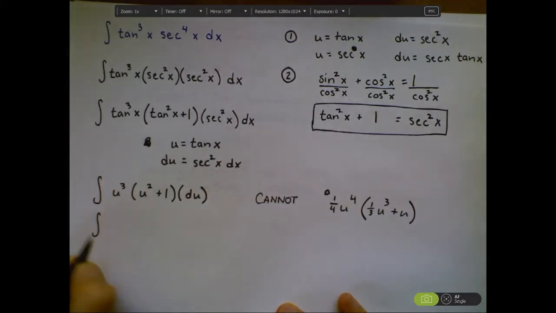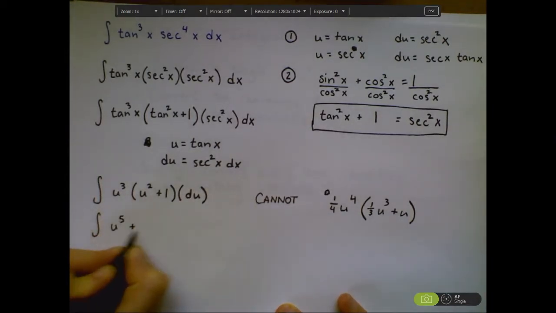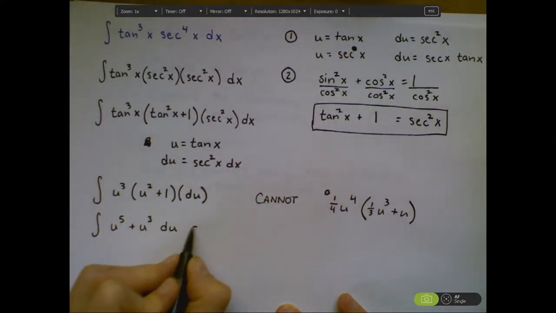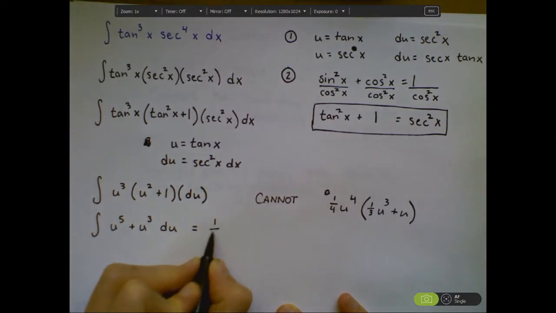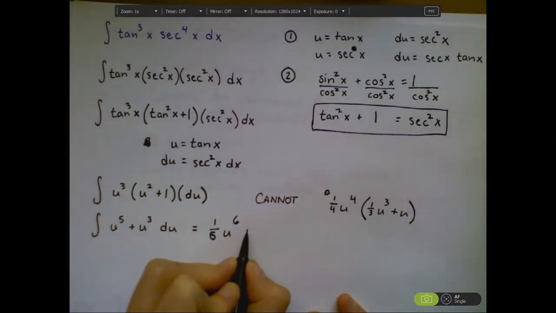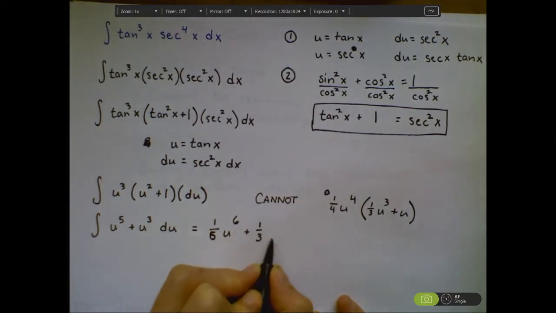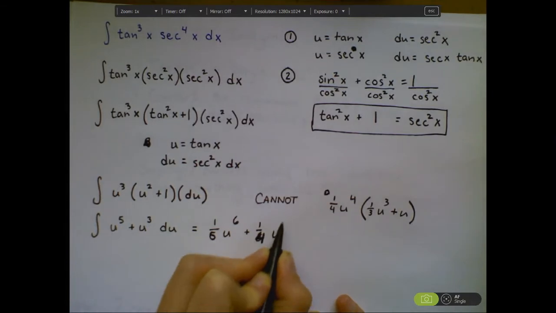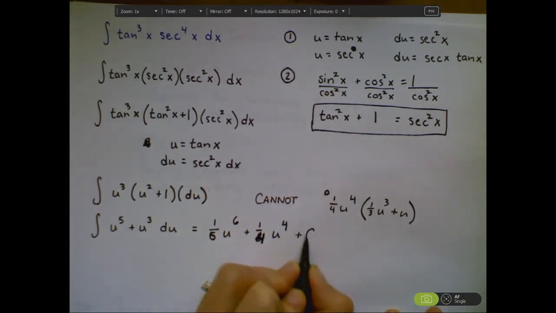Instead, I'm going to have to distribute this so that they're actually polynomials, and I get u to the fifth plus u cubed du. And when I integrate this, I get 1/6 u to the 6th plus 1/4 u to the 4th plus c.